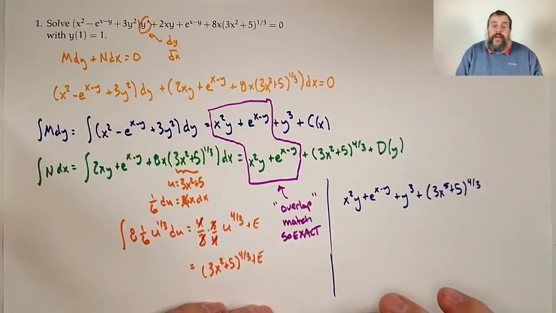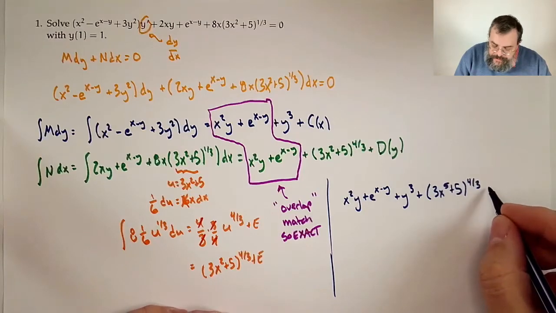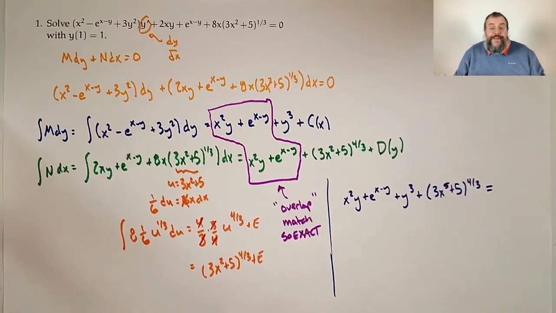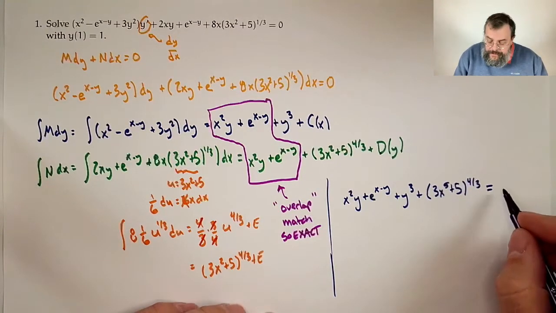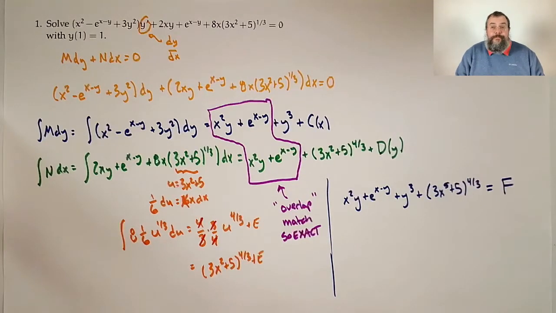Okay, now, is this the answer? No, definitely not. There's a couple things wrong here. One thing is, we should have something equal something. So this should be equal to something. And what should it be equal to? Well, some constant. And okay, so there's a constant we haven't used yet. Now are we done?